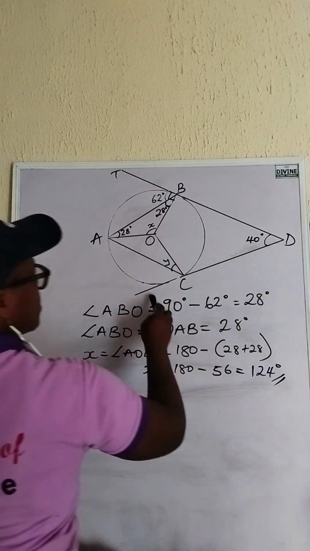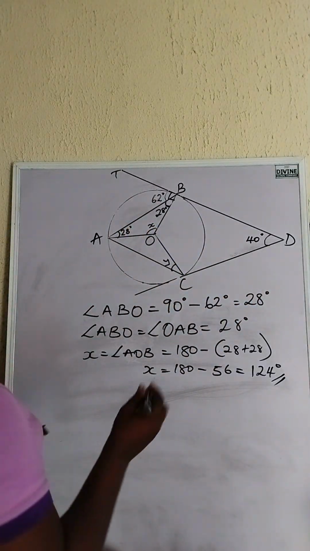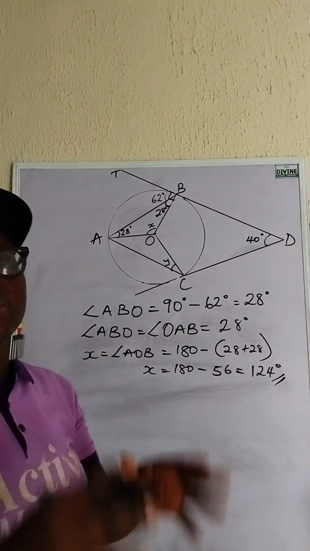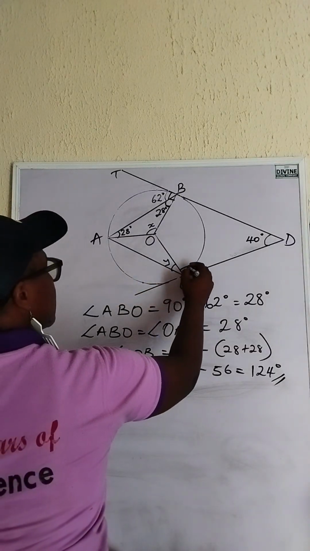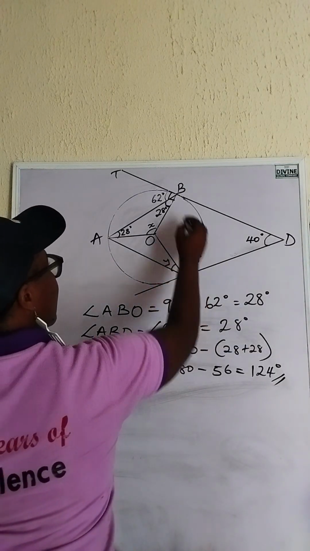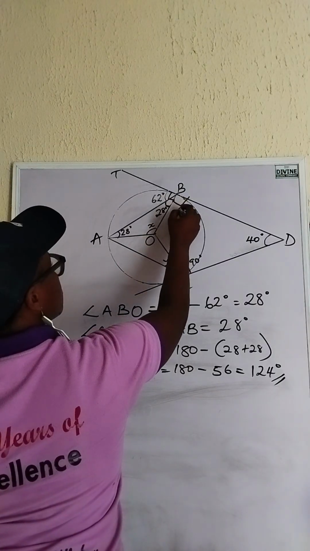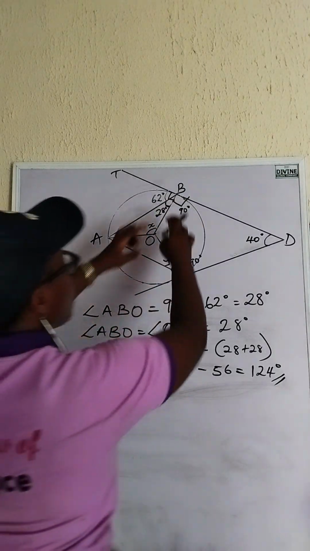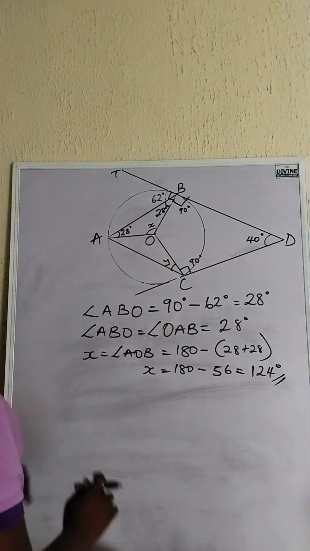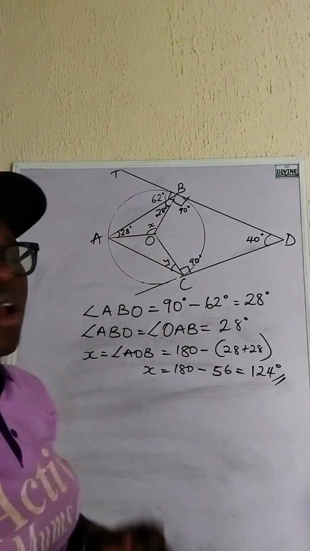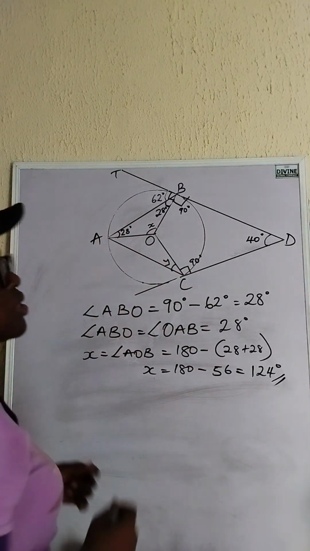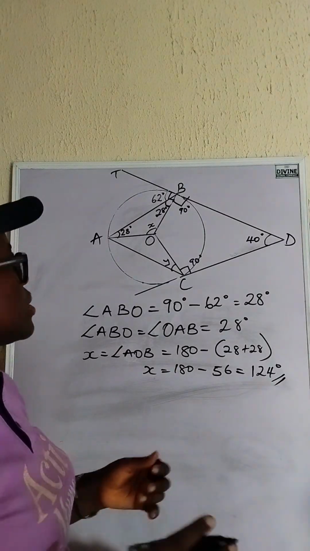These are two tangents of a circle, and like I said before, when a tangent meets a radius, they form a 90 degrees angle. So this one is 90 degrees, and this part is also 90 degrees. Now we have a quadrilateral. This tangent and the radius of this circle form a quadrilateral, and the sum of angles in a quadrilateral is 360 degrees.